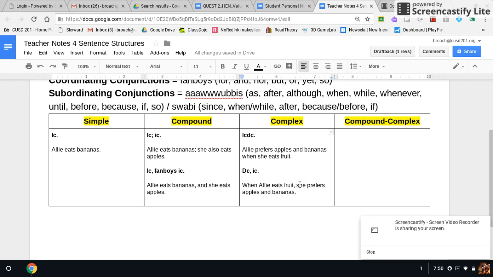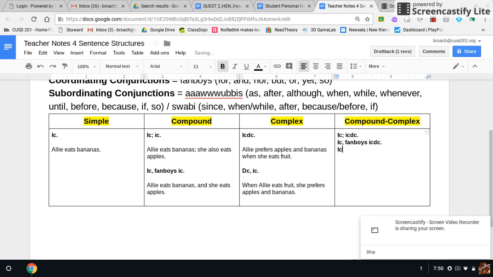Okay, so now it's compound complex, and it's exactly what it sounds like. Any combination of these four sentence structures. So you could have IC semicolon IC-DC period. You could have IC, comma, fanboys, IC-DC.